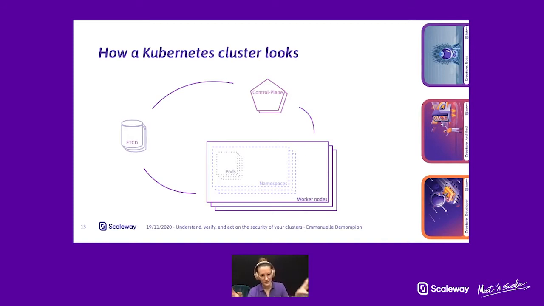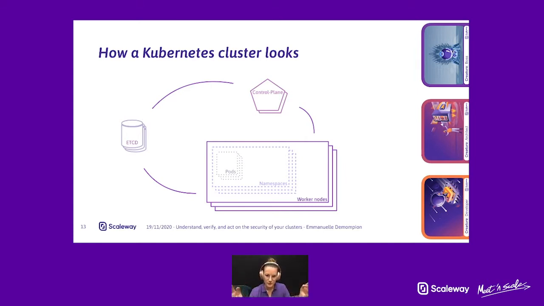And you have the etcd database, which is a key value store where all the data of what Kubernetes objects are stored in your clusters. Those data are in the etcd that you don't have to manage either if you're using a managed Kubernetes engine such as Kapsule.